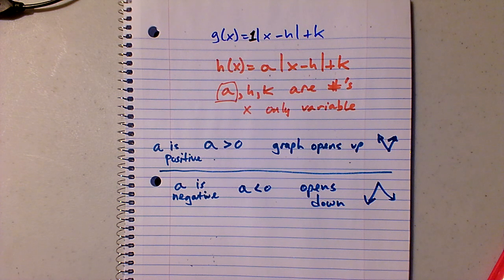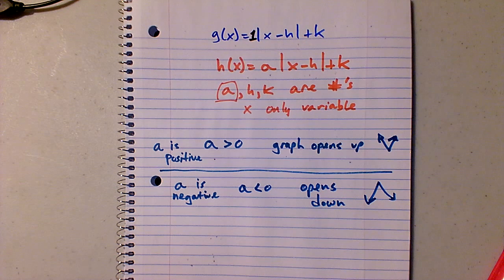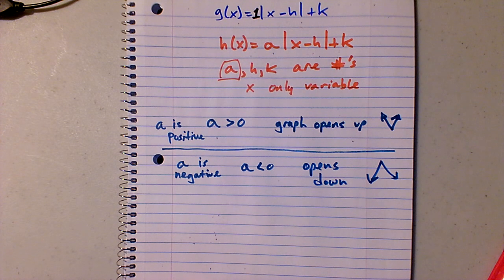A affects our parent graph two different ways. Opens up, opens down. That's the easy one to figure out. The other one is, does it make it skinnier? Does it stretch? Does it change the slope?